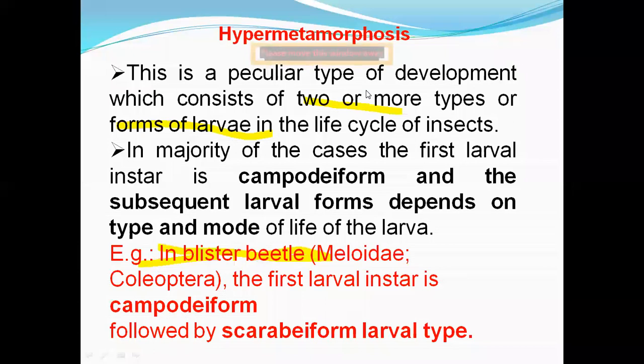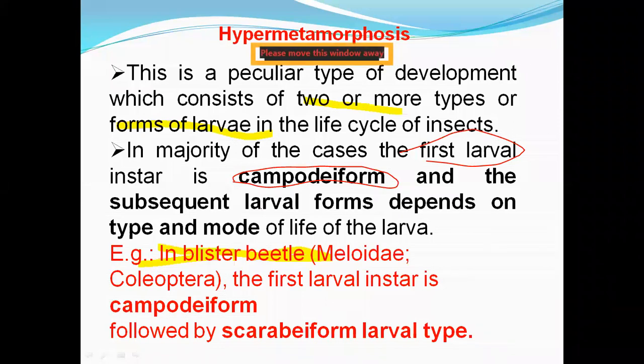Whenever the egg hatches and the larva comes out, properly give attention to what I am saying. When the larva comes out, the first larval stage is in the form of campodiform, and then comes the subsequent larval form.